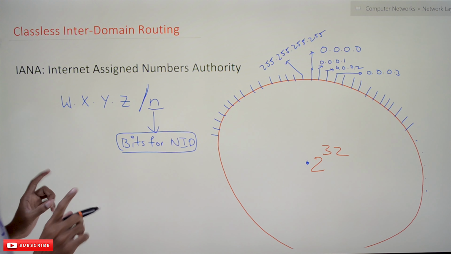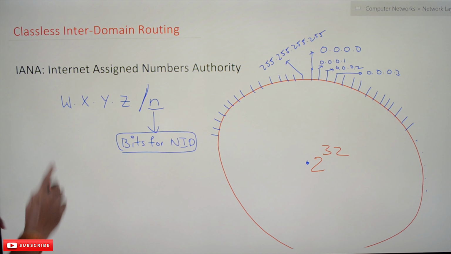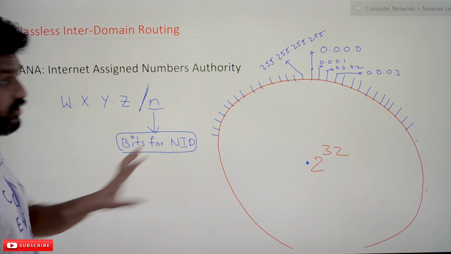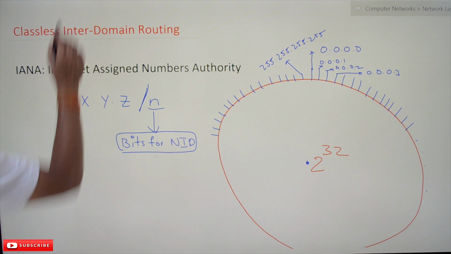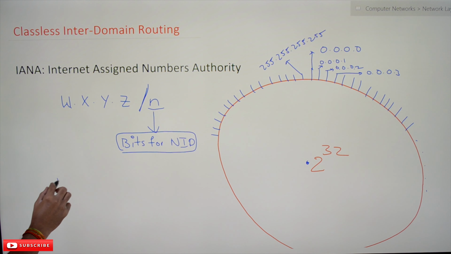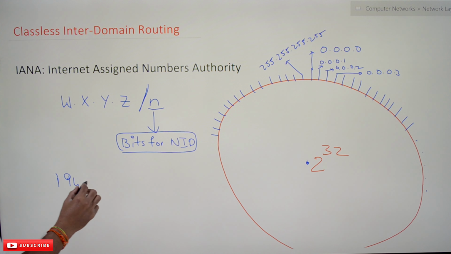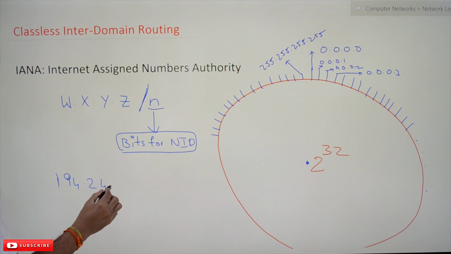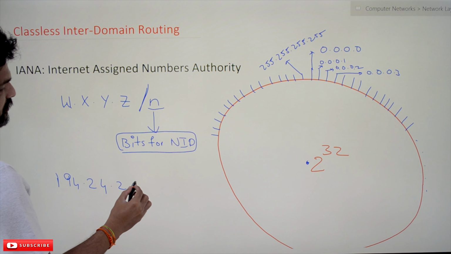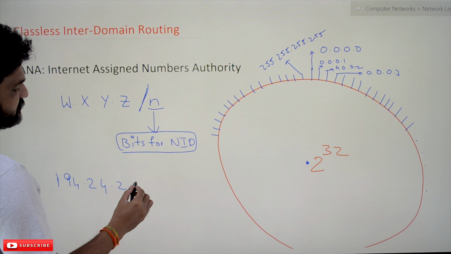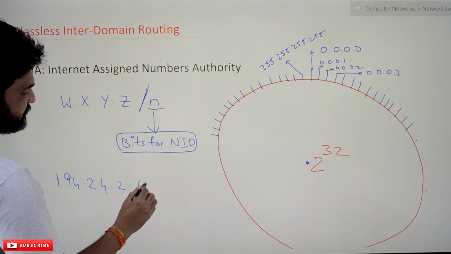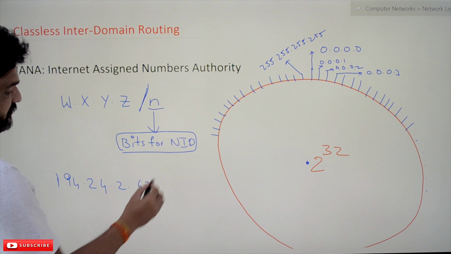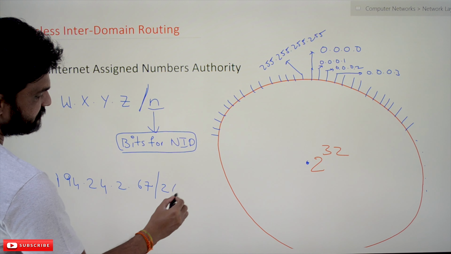Let's take an IP address, and later we will understand how IP addresses are allocated. We'll take the example from the previous videos: 192.24.2.67/26.